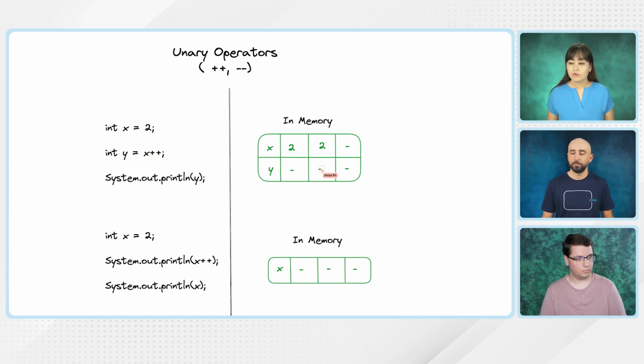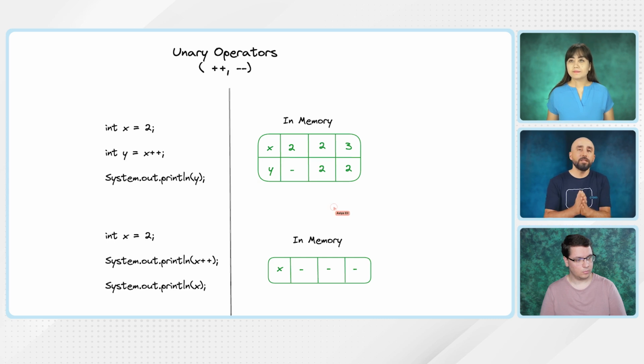So in here, y's value is 2, and here, because this is post increment, again the x value is increased by 1. Plus plus means adding 1. So now x value is 3. But again in the line 2, because we are just printing the y in here, y's value remains the same, which is just 2.